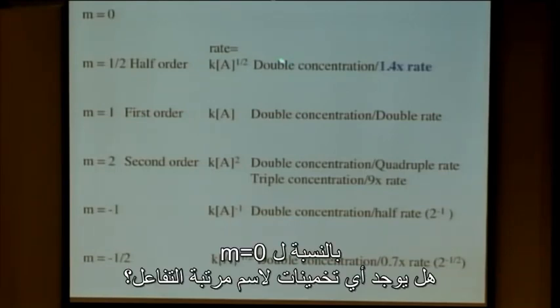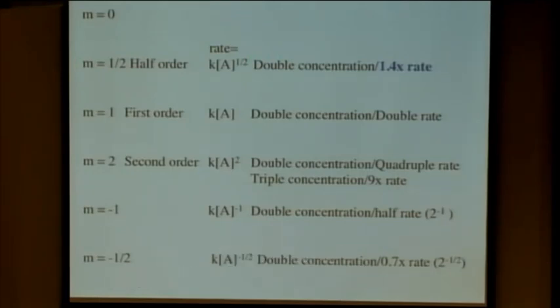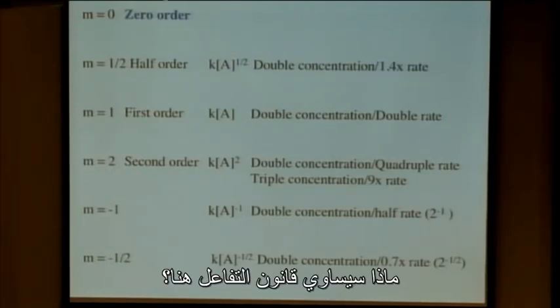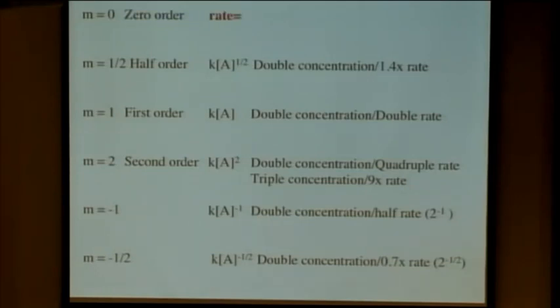And m equals 0. Any guess of what that's called? Zero order. And the rate law here, the rate is going to be equal to what? K. And that's it. So the rate equals k.